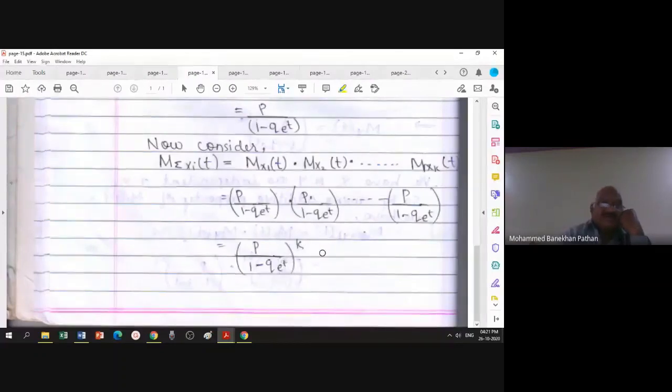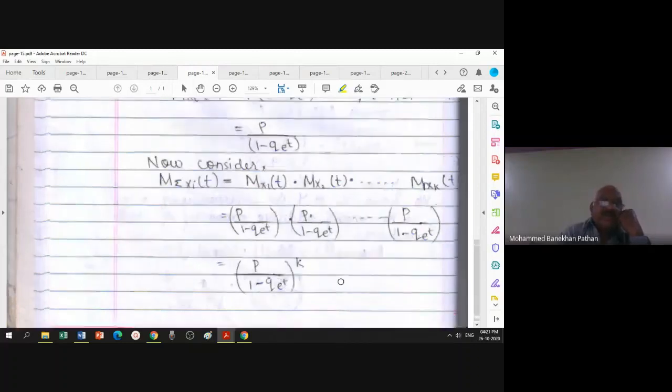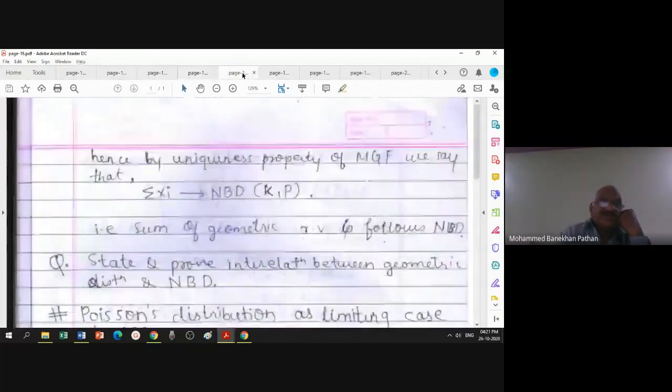Now what is this? It is easily identified as the MGF of the negative binomial distribution. So by the uniqueness result, you can claim the sum of geometric is NBD with parameter k, p. Let us proceed.